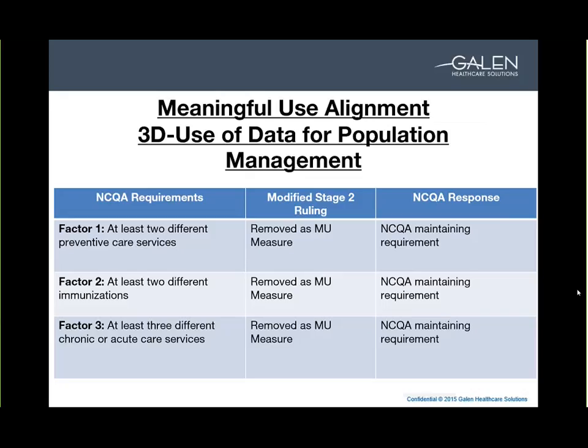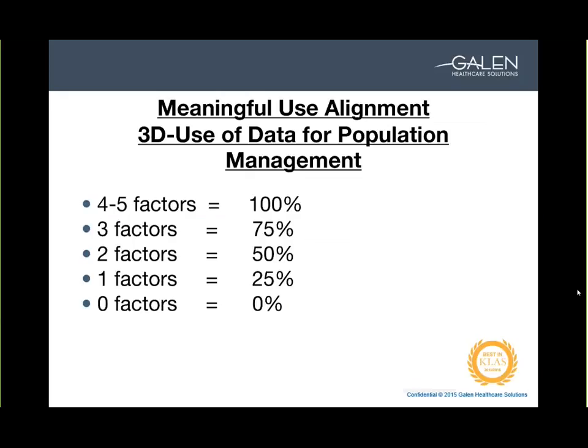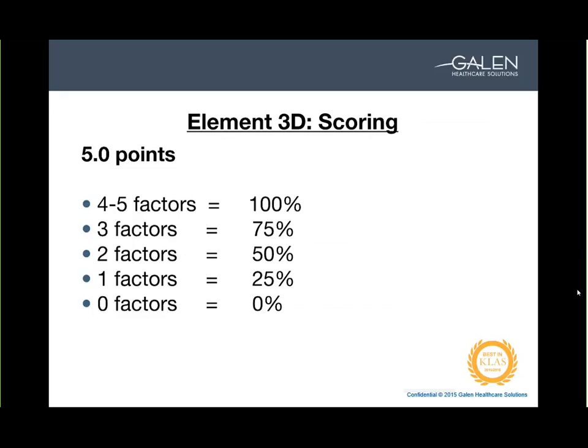So some of these, the ones that were related to meaningful use, again, even though they were removed from meaningful use, none of those have changed. And some of these, the way that they were aligned with meaningful use, you still have to do them for NCQA. 5 points for this.